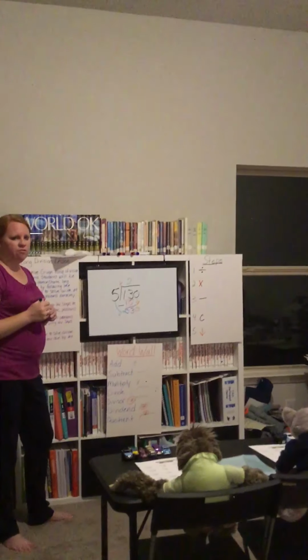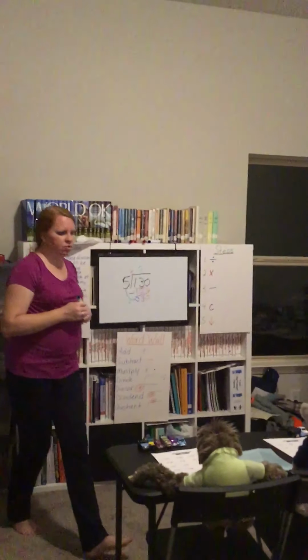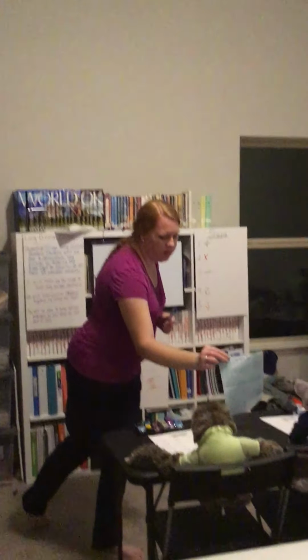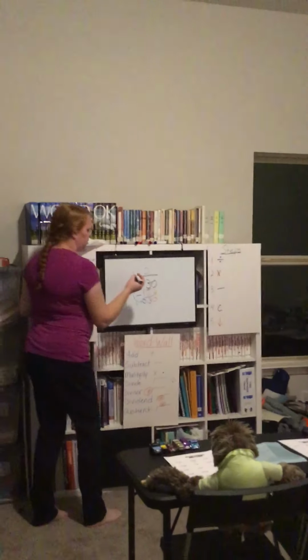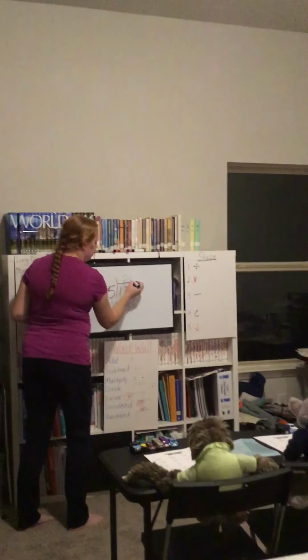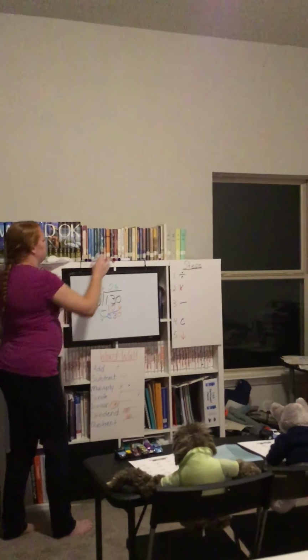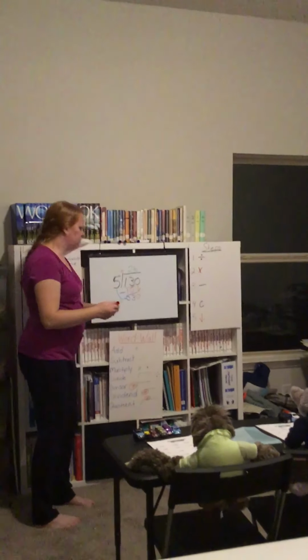How many times can 5 go into 30? Mr. Sloth, Mr. Wolf, look at your multiplication chart right here if you need help. 6, good. Let's put our 6 up on top. Our next step is multiply. Good.